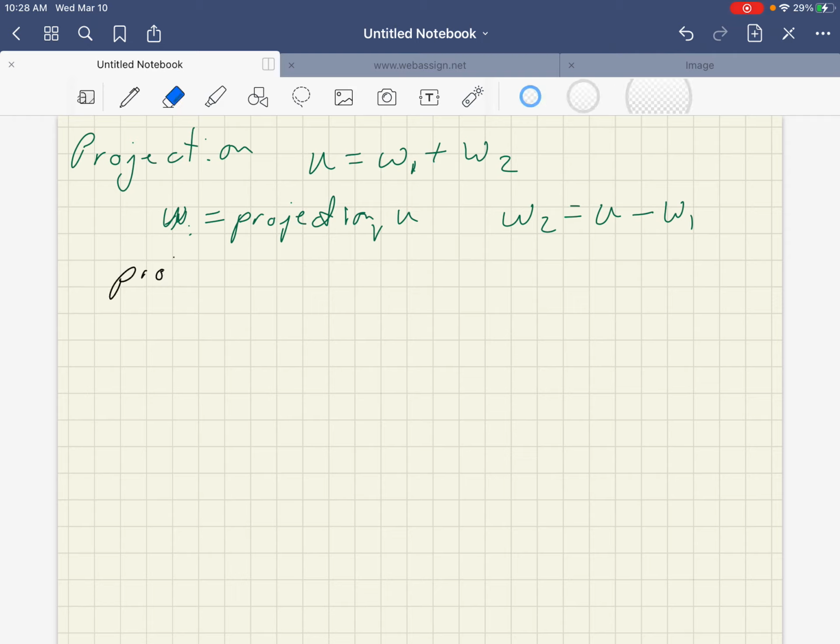Now the formula for projection is the projection of u onto v. So this may be my plane onto the wind. How much is the wind influencing it? Comes from the formula u dot v over the magnitude of v squared times my v.